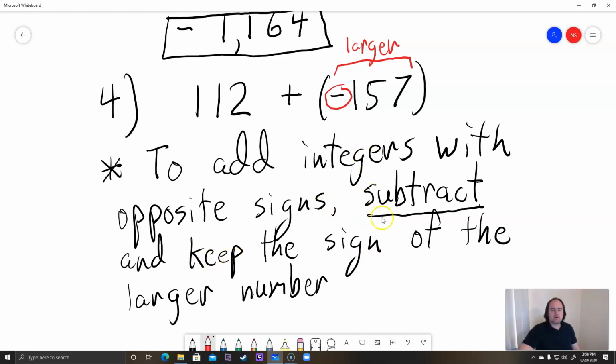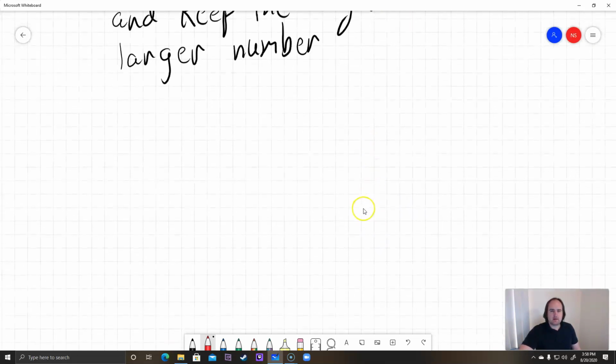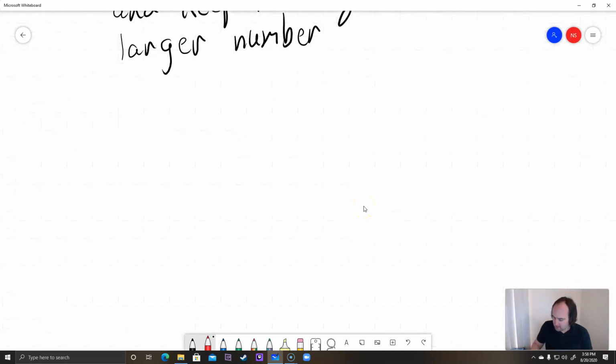And obviously when you're subtracting, the subtraction won't work unless you do the larger absolute value minus the smaller absolute value. Okay, so it's actually going to have to be 157 minus 112, but we keep the sign of the 157. So what's that going to look like? Well, we're going to have 157 minus 112.